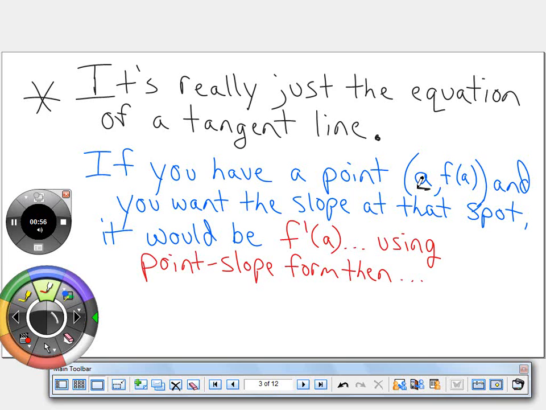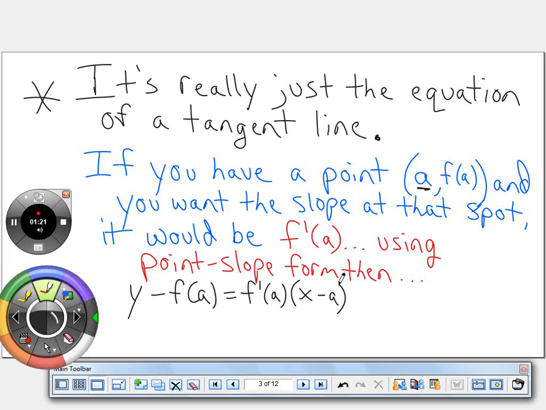So if you wanted to write the equation of the tangent line, then you would use the point. So we would say y minus the y-coordinate, which in this case would be f of a, equals the slope, which would be f prime of a, times x minus whatever the x-coordinate is, in this case x minus a.